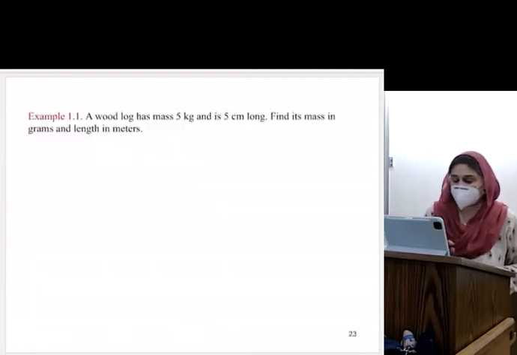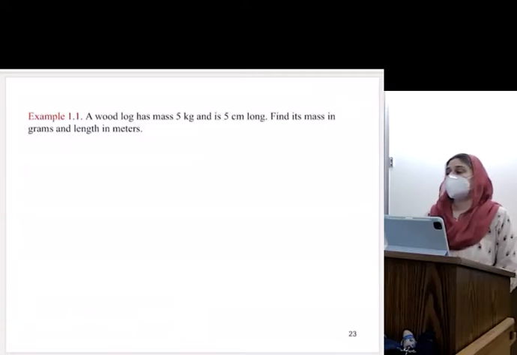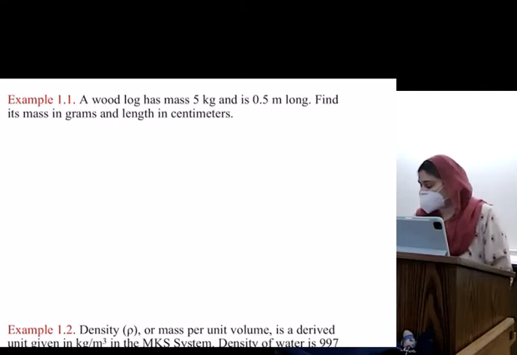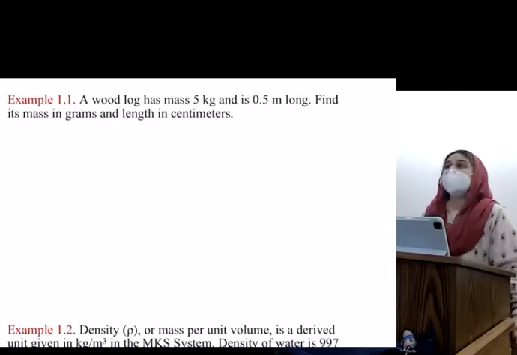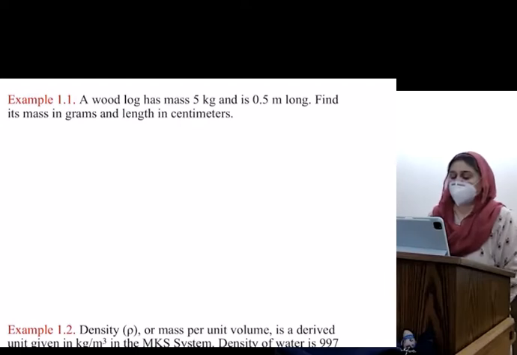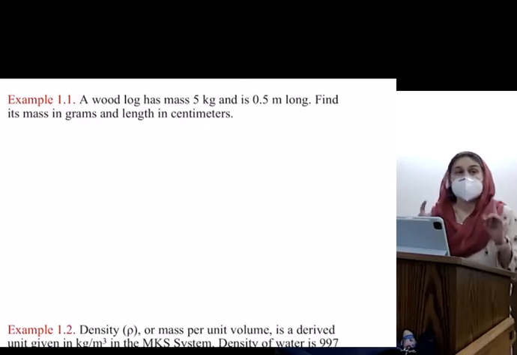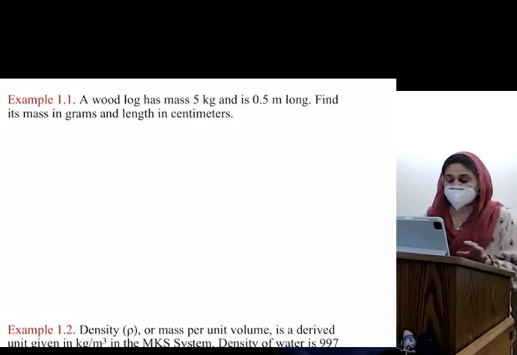Now that we have done that, let's do this example. Somebody read this. Okay, go ahead. Has a mass of 5 kilograms and 25 meters long. Find its mass in grams and meters. Okay, very good. So here's the trick to doing these questions.